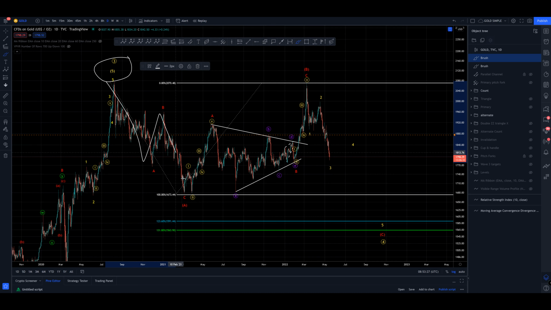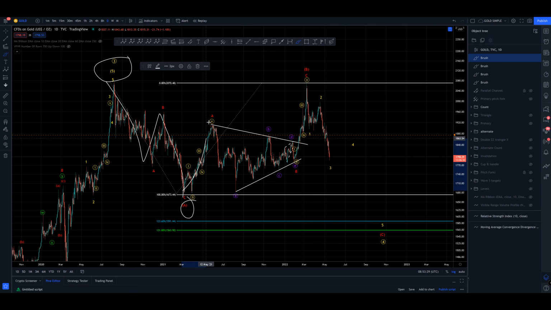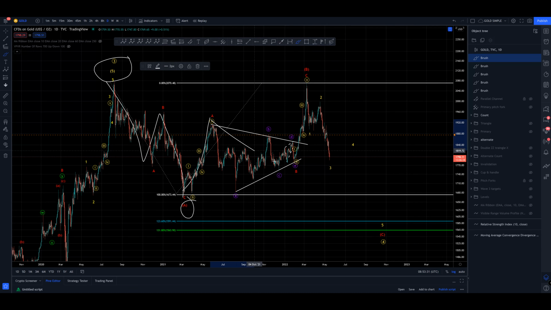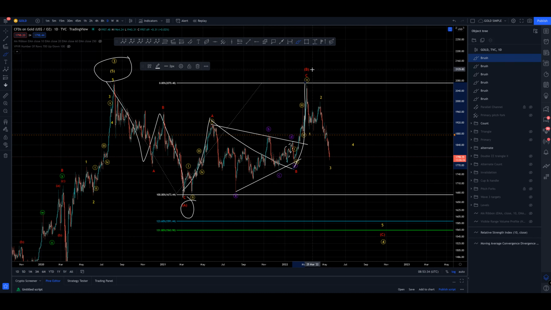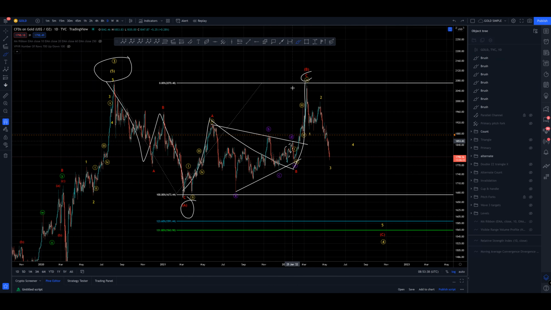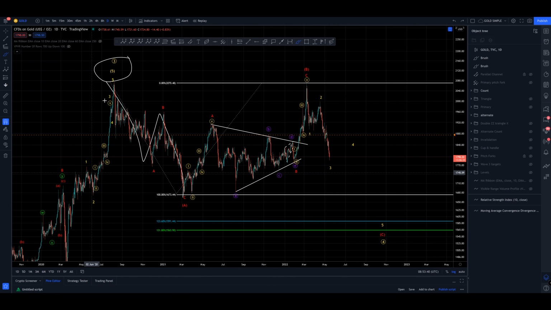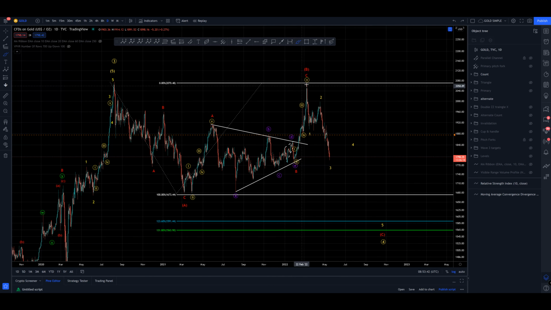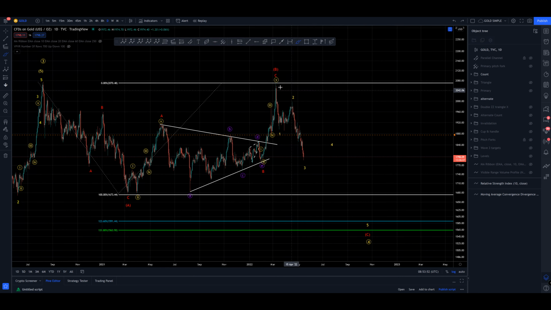We go A, B, C into an A. We go A, 5 waves, B, wave triangle, 5 waves into a C of a B, A, B, C, zigzag. Right? Retracing at least 90% of the A for a flat pattern. Actually 99 point something or other percent we retrace, which is plenty enough for a flat. Almost enough to classify it as an expanded flat, but didn't quite go beyond that point.